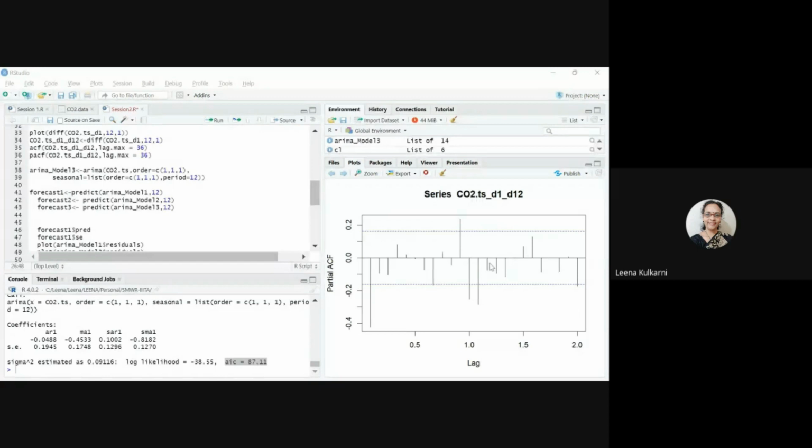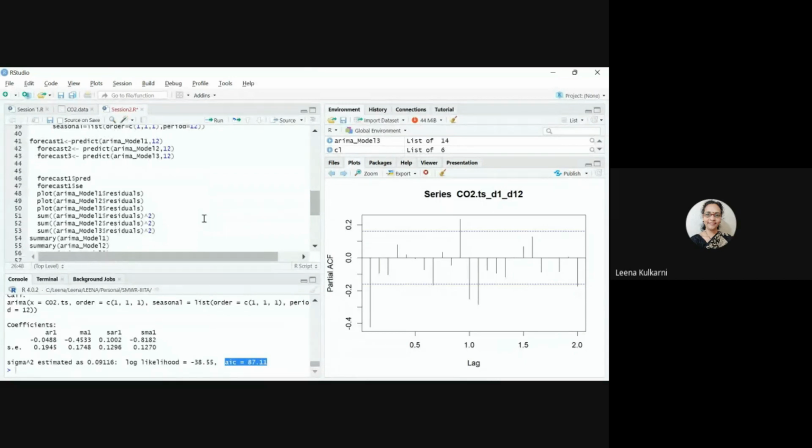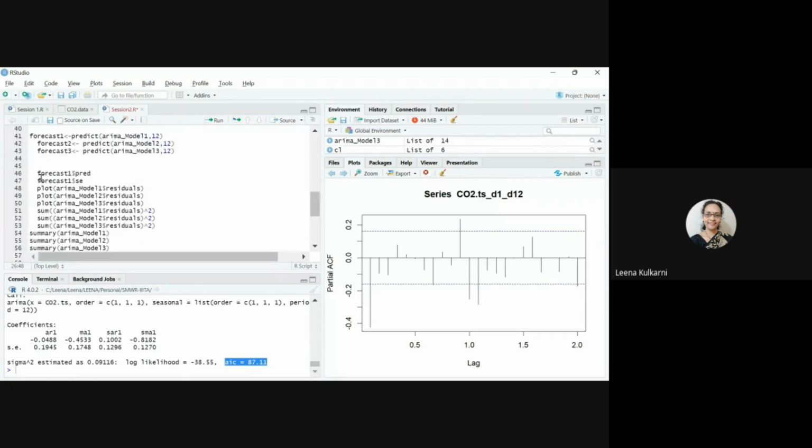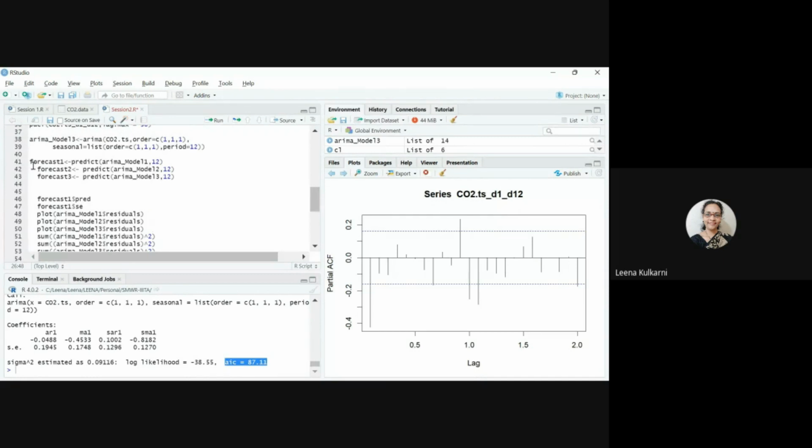Once you finalize the model which gives the minimum AIC and that model is fixed, you will go ahead with the forecasting. Okay. For the forecast, you just specify which model you want to choose and how many values you need to forecast.